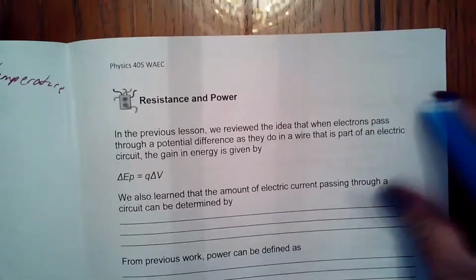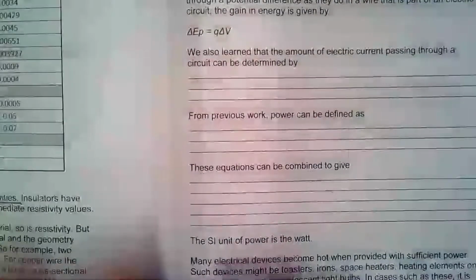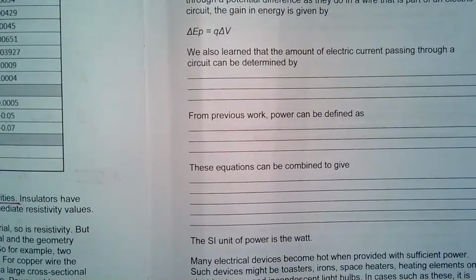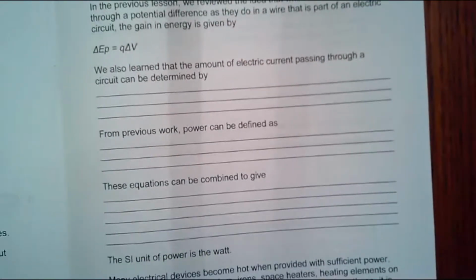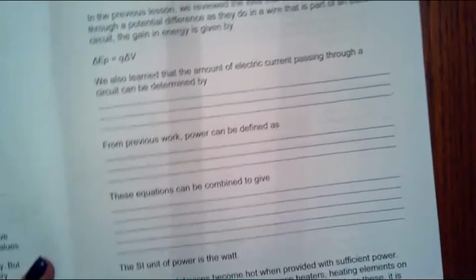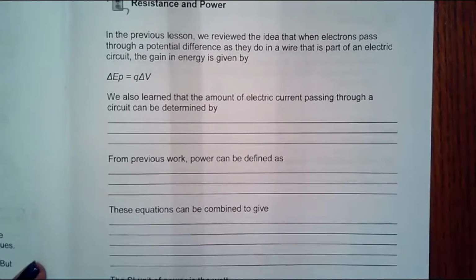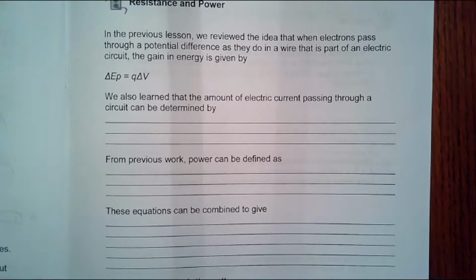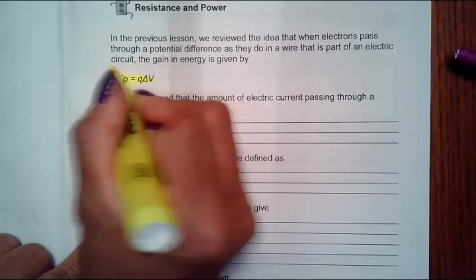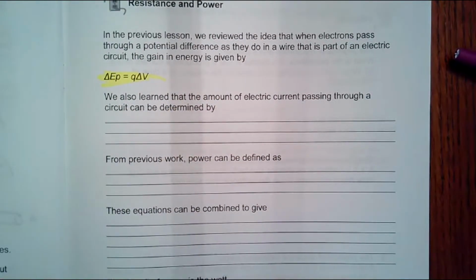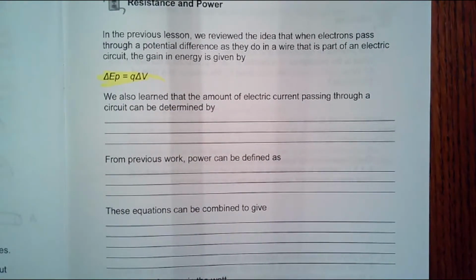Now let's take a look at resistance and power. So in the previous lesson, we reviewed the idea that when electrons pass through a potential difference or voltage, as they do in a wire that is part of an electric circuit, the change in potential energy is given by charge times the volts.